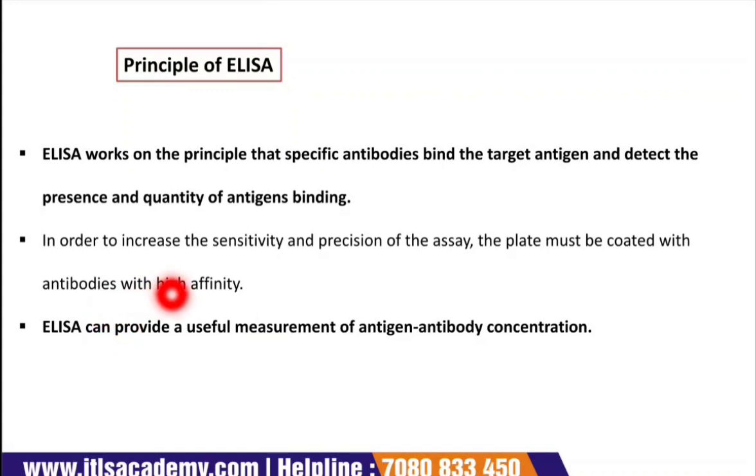In order to increase the specificity and precision of the assay, the plate must be coated with antibodies with high affinity. ELISA can provide a useful measurement of antigen antibody concentration.